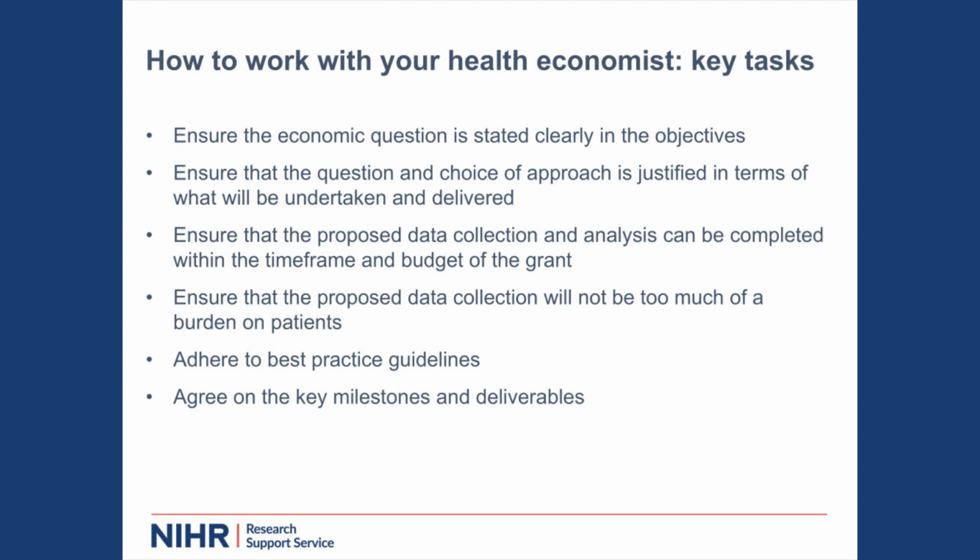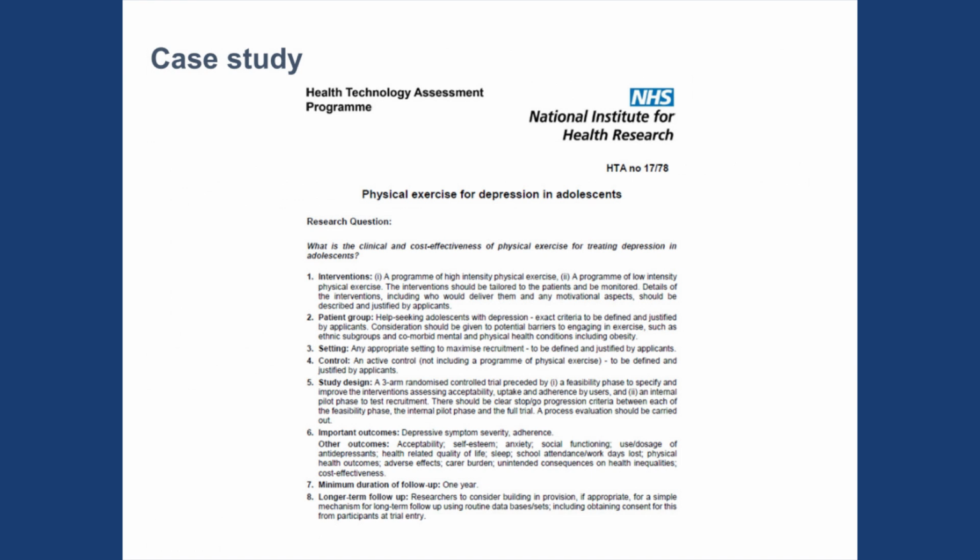And the first thing we'll do is ask you lots of questions. So I'm going to use the same case study example as Natalia. This is an HTA call, a Health Technology Assessment Programme call for applications to evaluate the clinical and cost effectiveness of physical exercise for treating depression in adolescents. You may recall this was the plan for a three-arm randomized controlled trial.